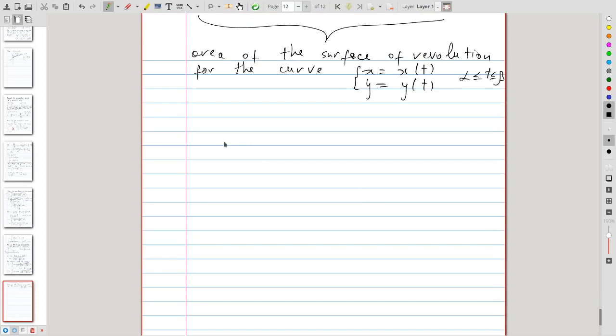To give an illustration, let us compute another example. Let's look at another example, example 3, let's say.